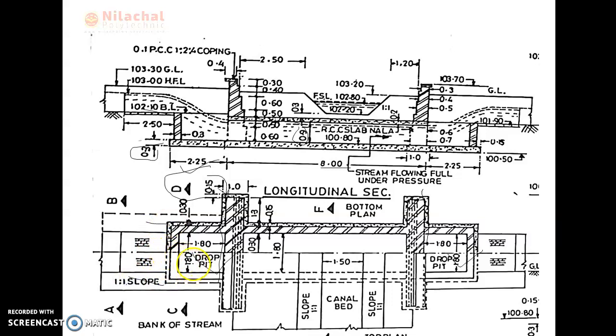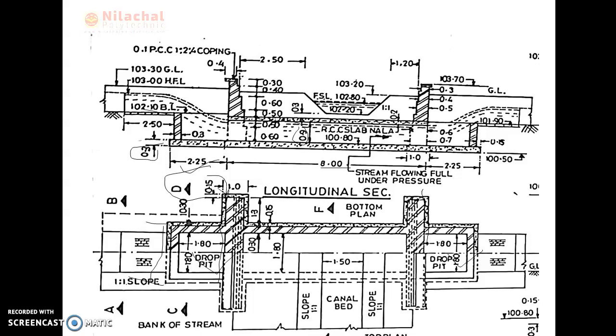The breadth is 1.80 plus 0.3 plus 0.3, which gives 2.40, plus the offset cement concrete of 0.15 plus 0.15. The total distance from this point to this point is 2.70. So the breadth is 2.70, and it is equal for the upstream side and the downstream side also.